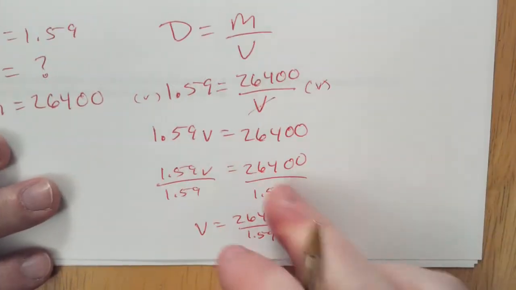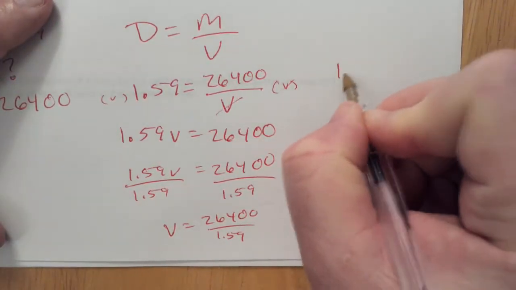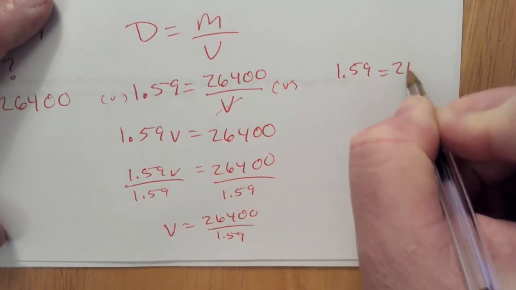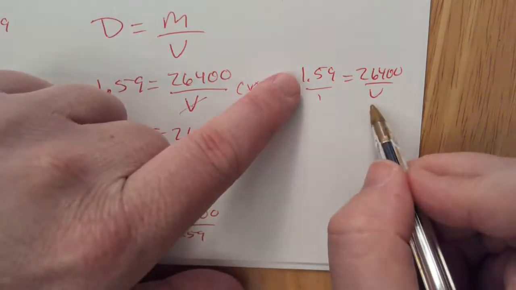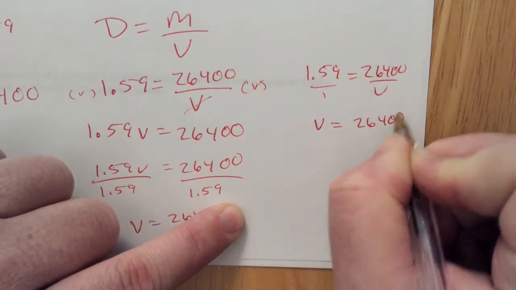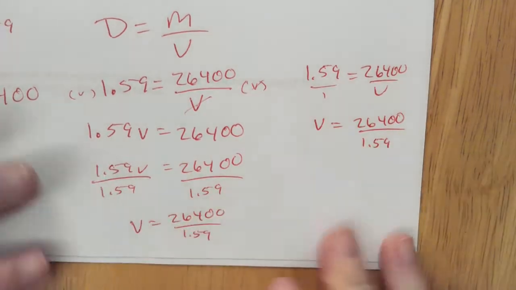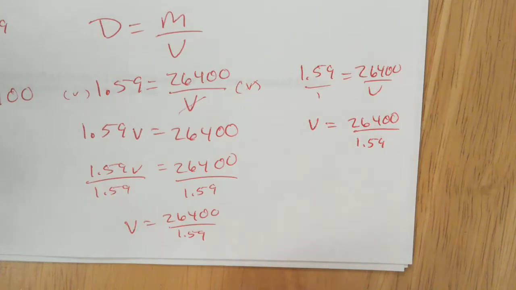Okay, so volume equals those two divided by each other. So either you could have done this work, or I could have gone straight from 1.59 equals 26400 over V, and just straight up switched. So volume equals 26400 divided by 1.59. So notice I can go straight from here to here, or I could have just shown more work.